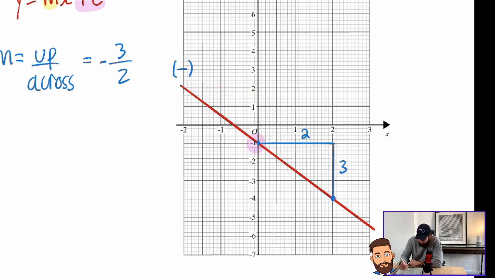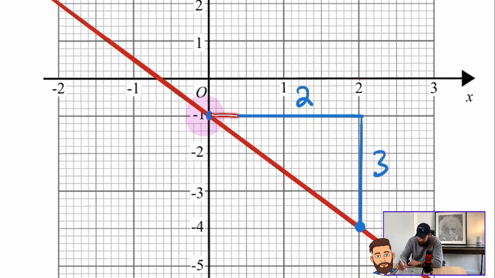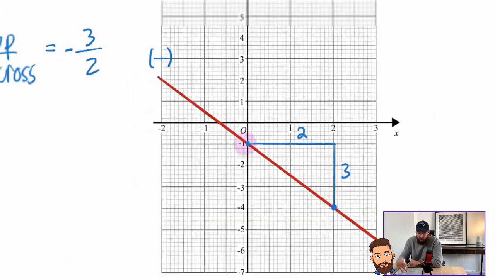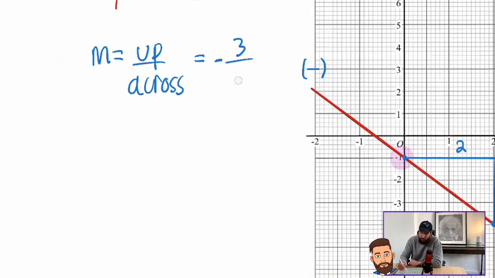Or it's across 1, down 3 over 2, which would be 1.5 as a decimal. You can see there, if I go across 1, it is actually going down 1.5, because that is 1 square, and that little bit there is definitely a half. But it's much easier to keep it as a fraction and just think across 2, down 3. And I know it's down because it's negative.